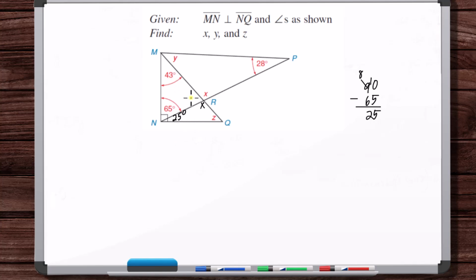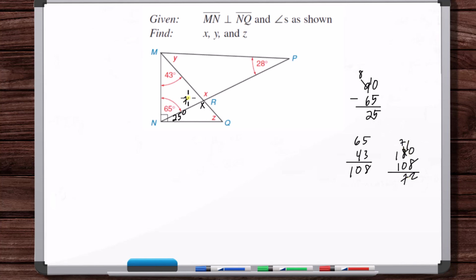Okay, yeah, we can get this angle here because we know the sum of the angles of a triangle, interior angles equal 180. I think they're allowing us to go ahead and use that theorem now. So 65 plus 43. Now 180 minus 108 is going to be 72.